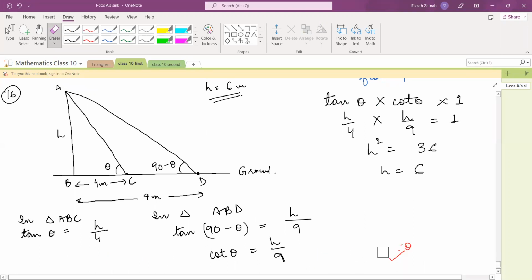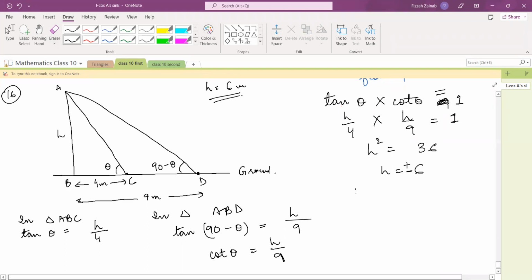Clear, Martin? Just find tan theta and cot theta. And this we know, tan theta into cot theta is equal to 1. Put tan theta h by 4, cot theta h by 9. This should be equal to 1. So your h square becomes 36 and h gives you plus minus 6, right? When you take under root, you get two values. But h is equal to minus 6 will be rejected because the height cannot be negative.